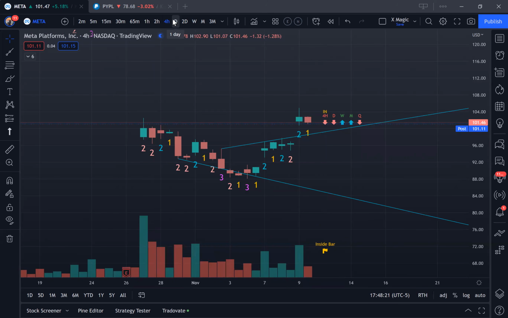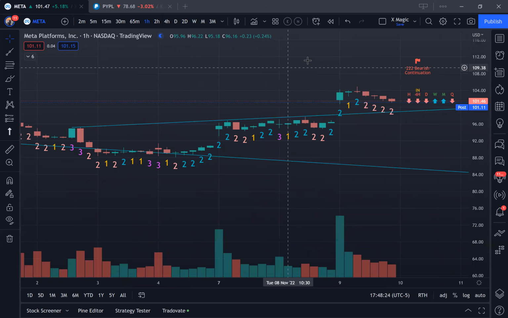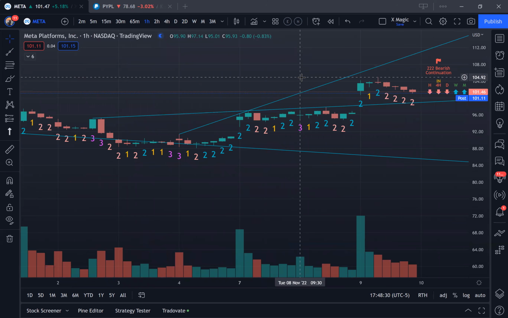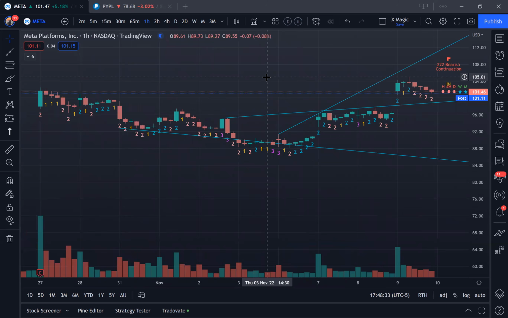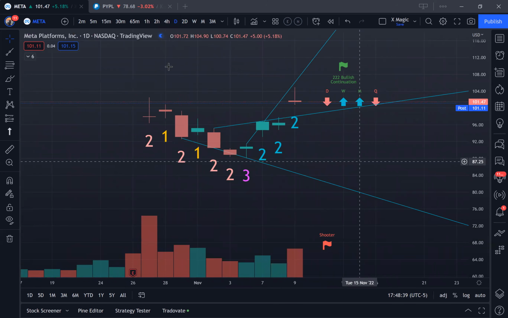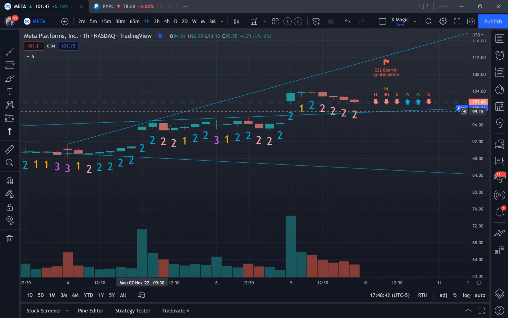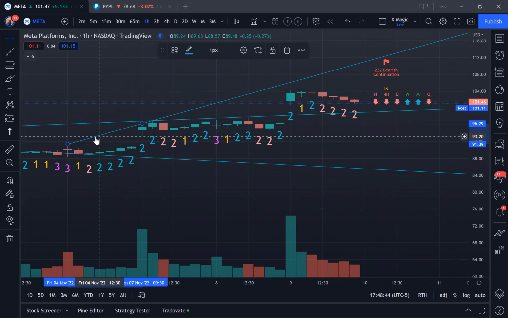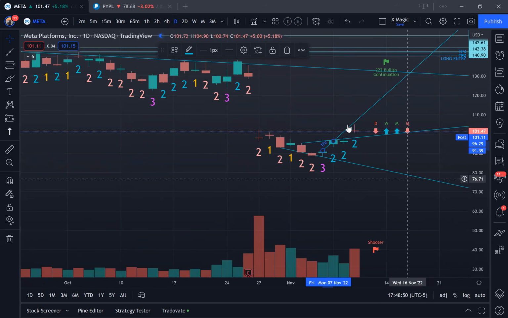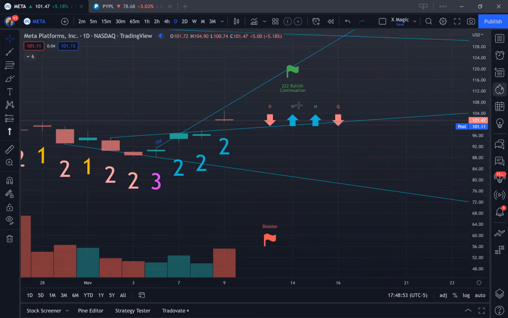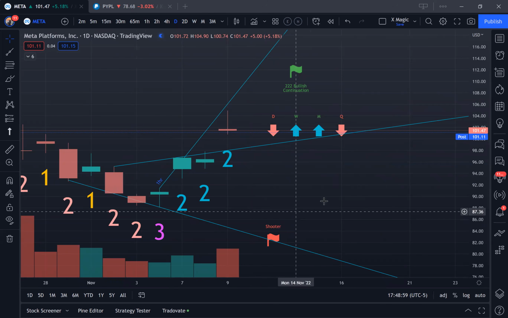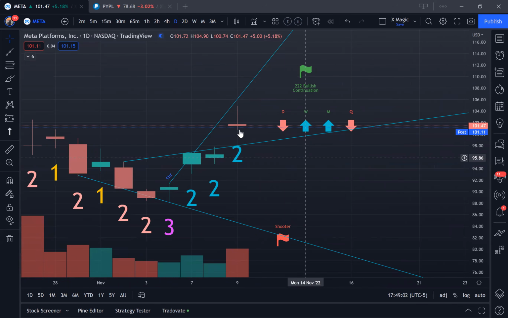And then let's go on the 1-hour. I think this was the 1-hour. Yep. So near this 1-hour BF, we're getting a reversal signal back to the downside right here. Something to keep in mind. And now we see what happens tomorrow.